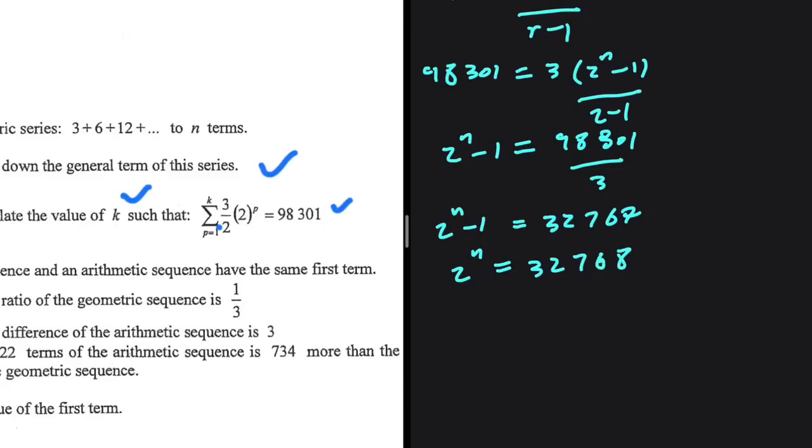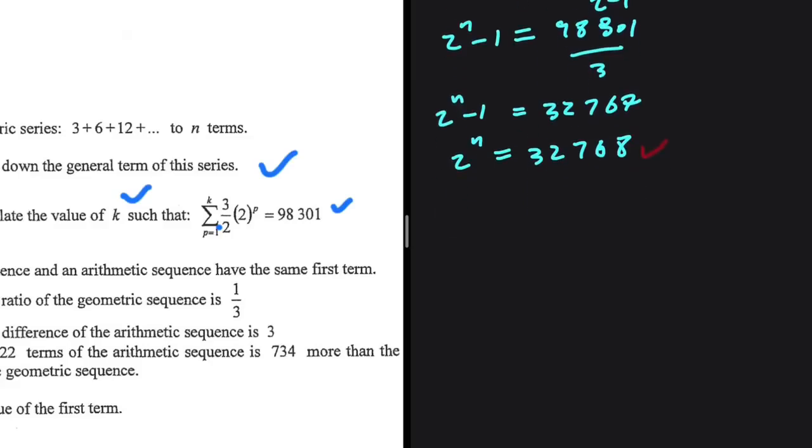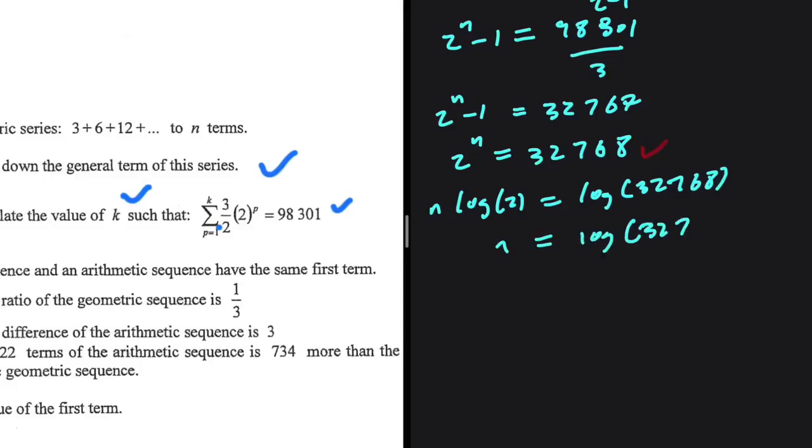I don't know whether I can write this number with a base of 2 or not, but it is just going to waste my time trying to figure that out. I'm just going to go ahead and take log on both sides. If I do that, I'm going to get n log of 2 being equals to log of 32,768. So I can just divide both sides by log of 2, right? So n is 32,768, everything divided by log of 2. So let me go ahead and put that in my calculator and see what I have.